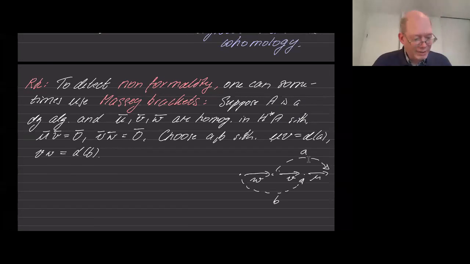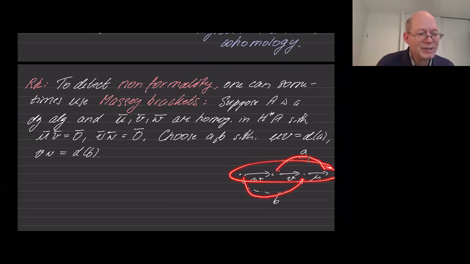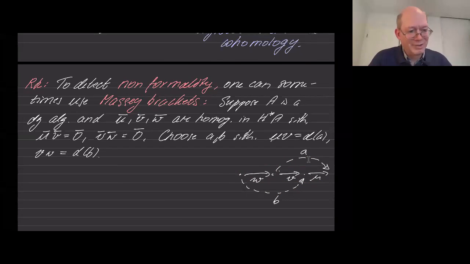And then, if you like, the triple composition vanishes for two reasons. The first reason is a, and the second reason is b. And the difference of these two reasons is a cycle. And the class of this cycle in a certain quotient is the value of the Massey bracket by definition.